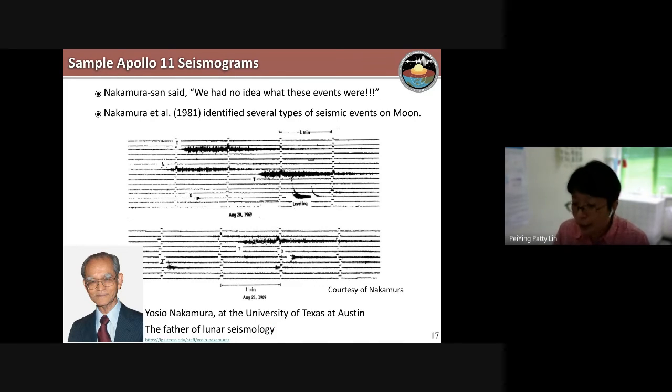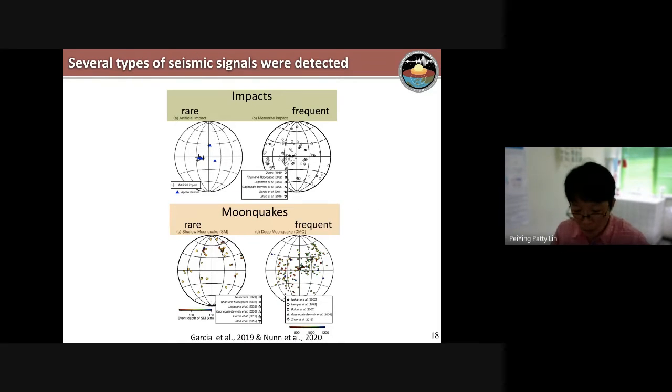After carefully analyzing more than 10,000 events recorded during the operation of the Apollo missions, roughly 7 years, several types of signals were detected by the Apollo seismometers, including impacts.